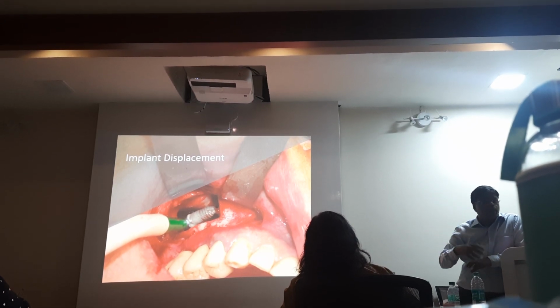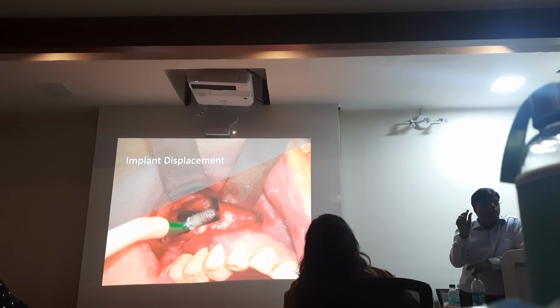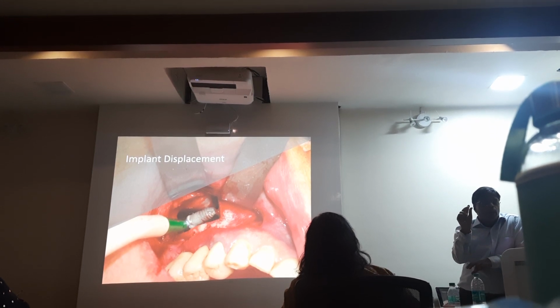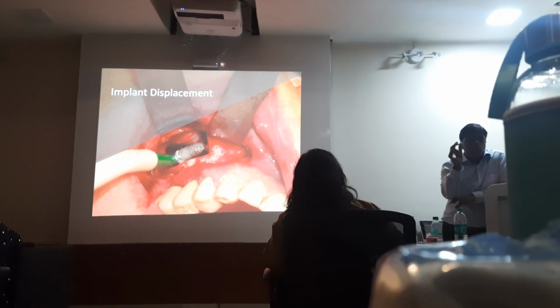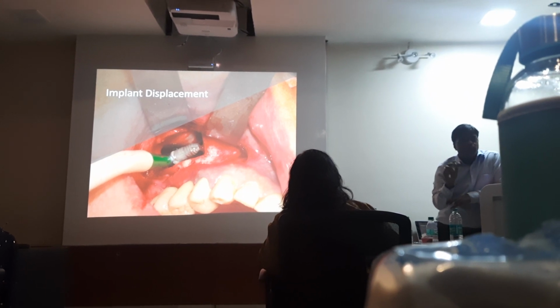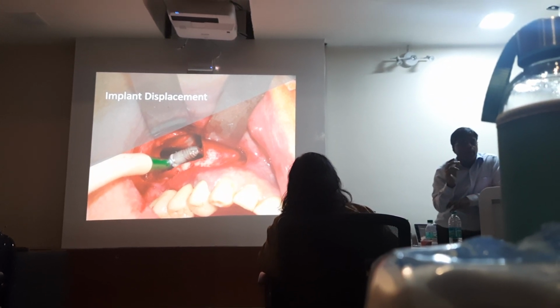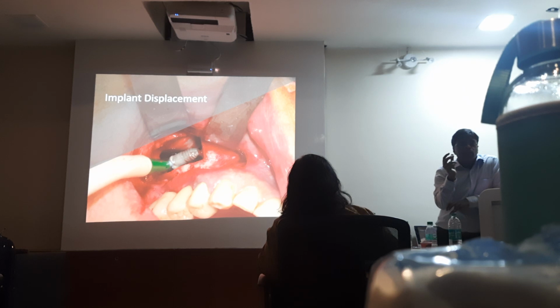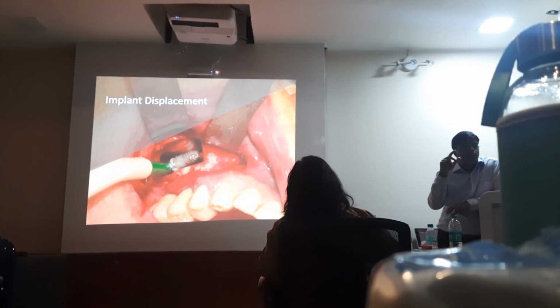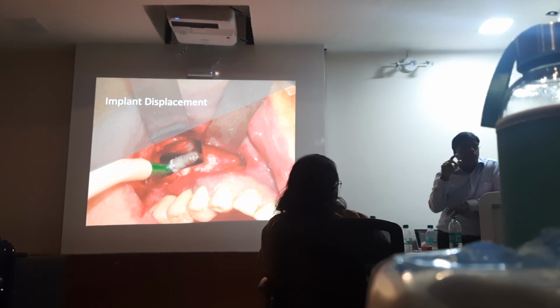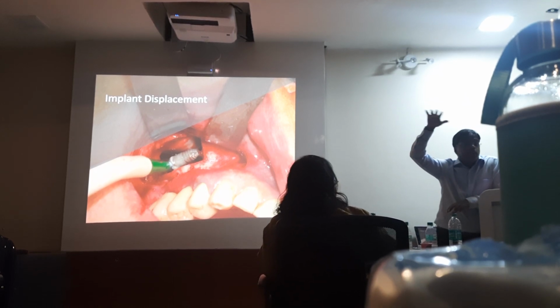So one day what happened? My friend's implant, what happened is, while removing the cover screw, see, when you are removing the cover screw in the maxillary posteriors, if an indirect sinus lift was done, there is no resistance from the top.